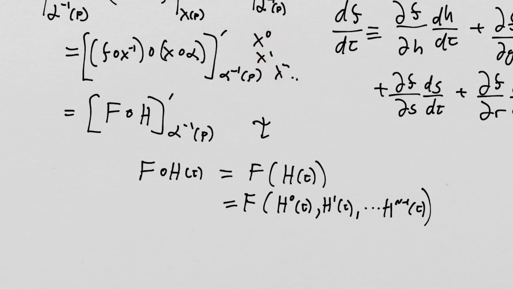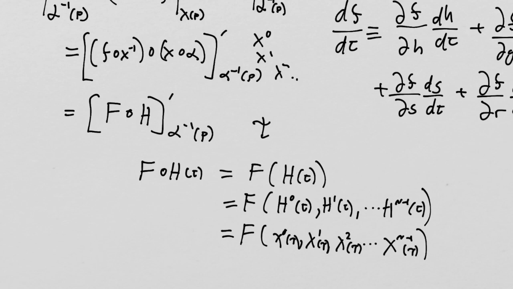So this guy here is actually f of x0, x1, x2 to xn minus 1, right? These are coordinates, because remember, this is the coordinates of this curve alpha. So ultimately this is the coordinates of a line as a function of tau, right? So all these are functions of tau. I'm writing them in as functions of tau.